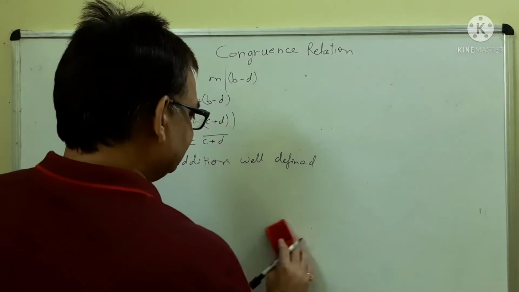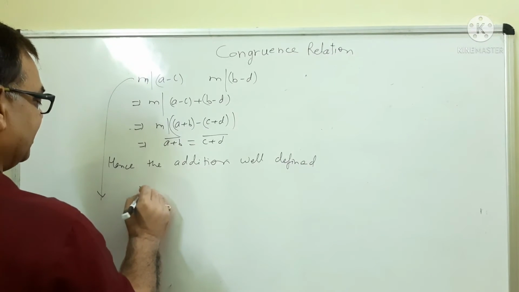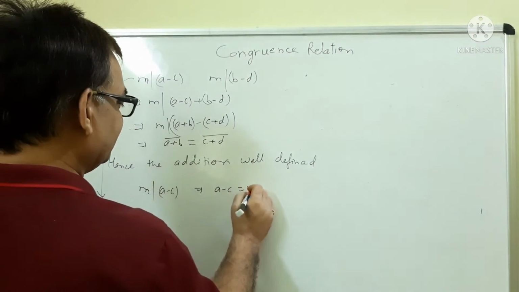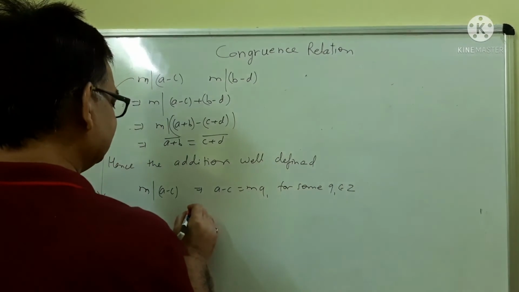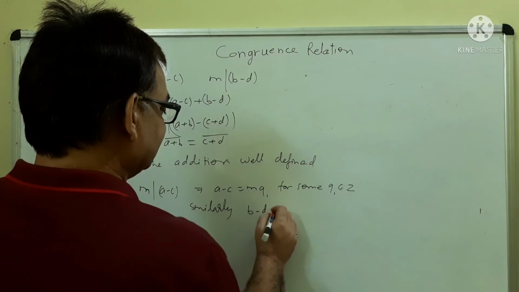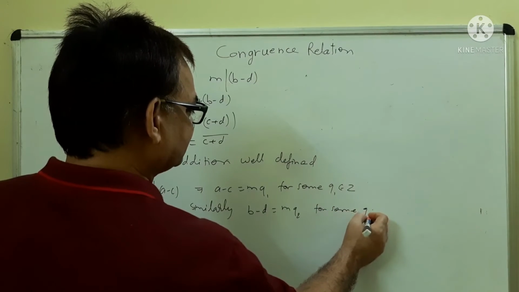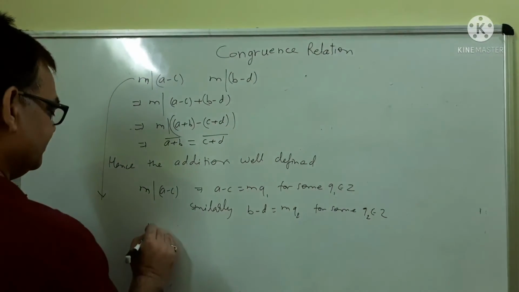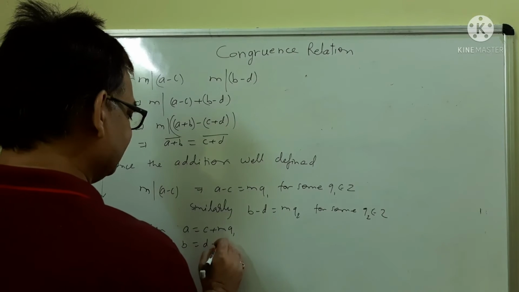Again, from here, m divides a minus c implies a minus c is equal to m q1 for some q1 belonging to Z. Similarly, b minus d is equal to m q2 for some q2 belonging to Z. Then we can write a is equal to c plus m q1, b is equal to d plus m q2.